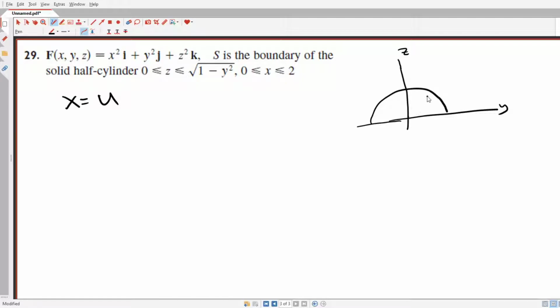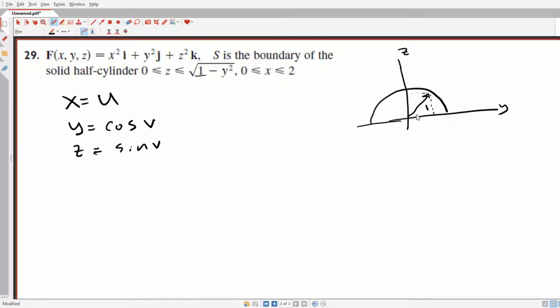We know that this distance right here is 1, so I can say y is equal to 1 cosine v, and z is equal to sine v. So here this distance is the cosine, and this distance is the sine.